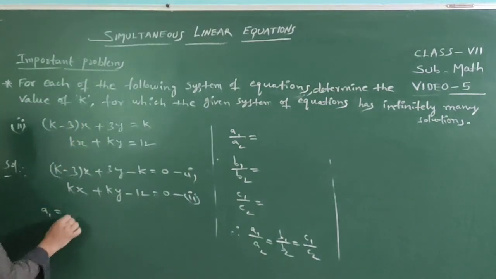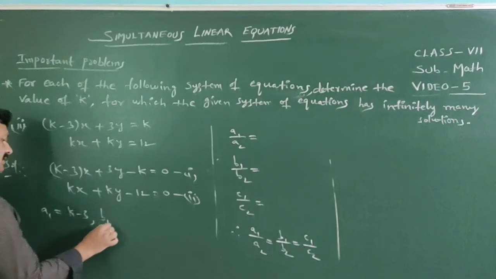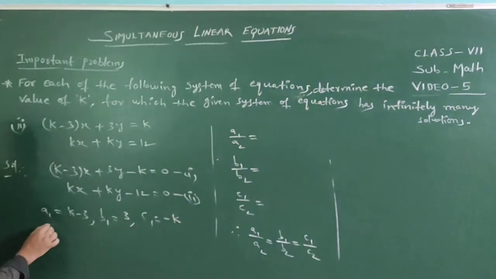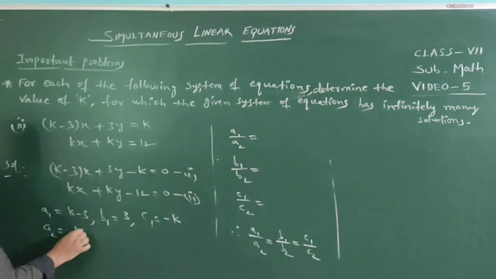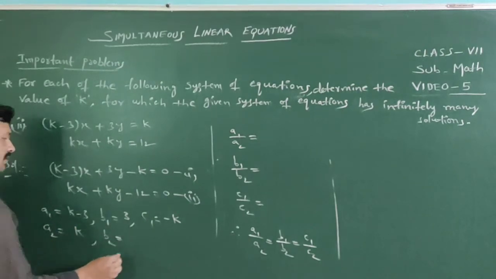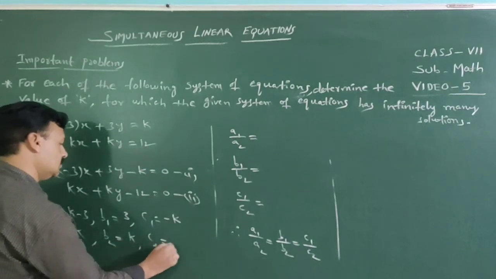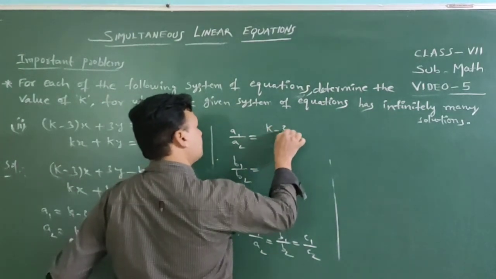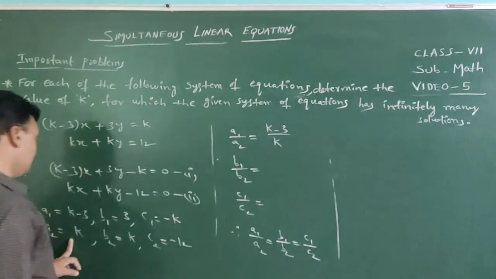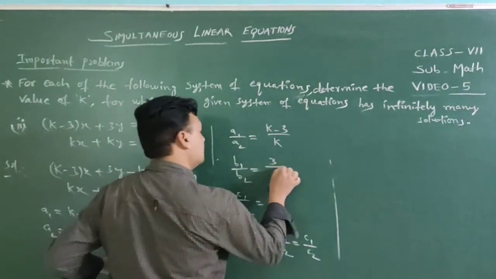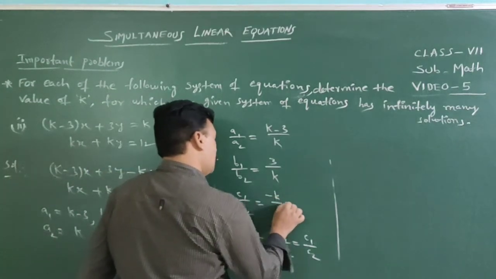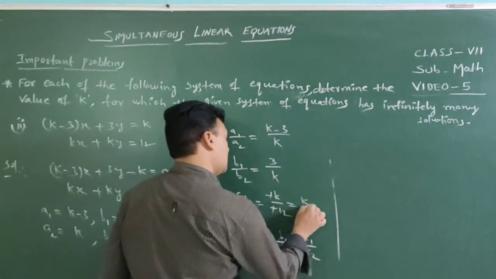Here a1 equals k minus 3, b1 equals 3, c1 equals minus k, a2 equals k, b2 equals k, c2 equals minus 12. a1 by a2 is k minus 3 by k, b1 by b2 is 3 by k, c1 by c2 is minus k by minus 12, which is k by 12.